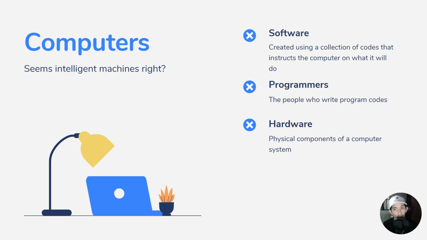Yung mga gumagawa ng mga software na yan, ang tawag natin sa kanila is programmers, the people who write program codes. And then, we have the physical component of a computer system. Yun yung tinatawag natin na hardware.